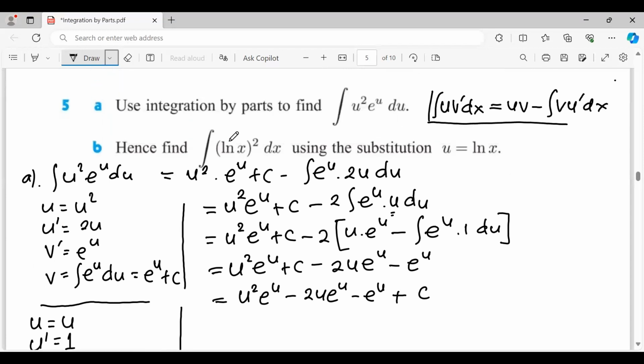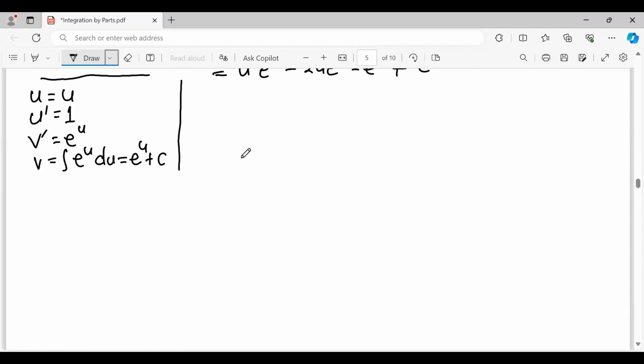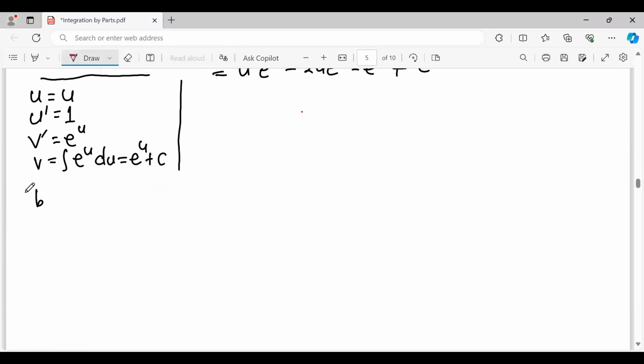B, find this integral, ln x squared. Just now at number 2, we already found this integral, but we are going to use a different approach through substitution. I'm going to use another color. Okay, integral ln x squared dx.